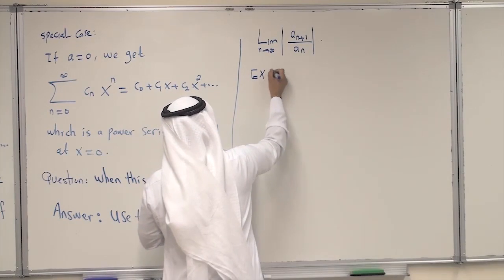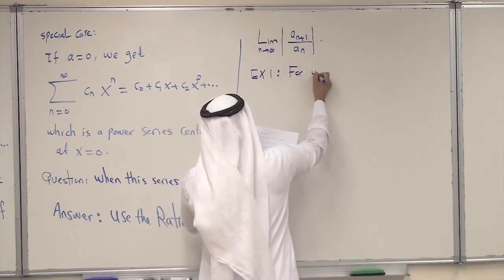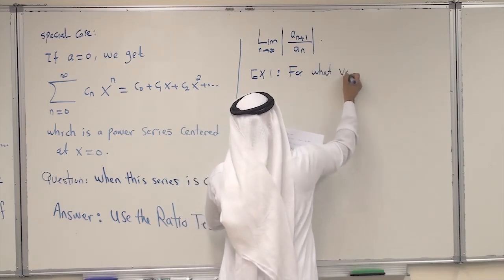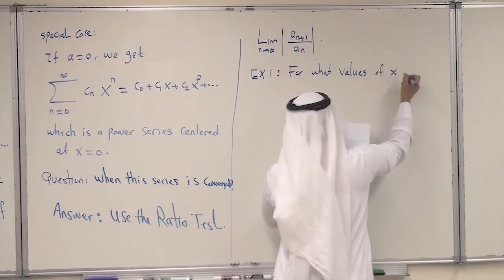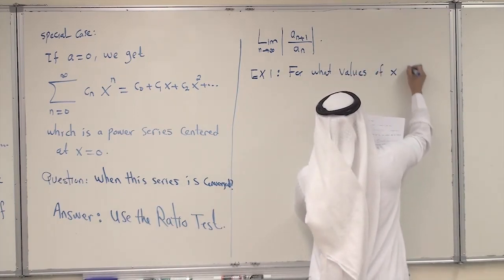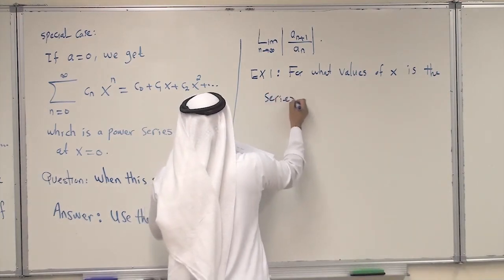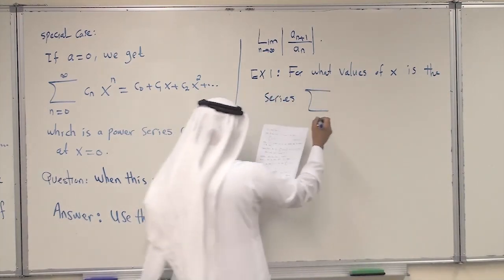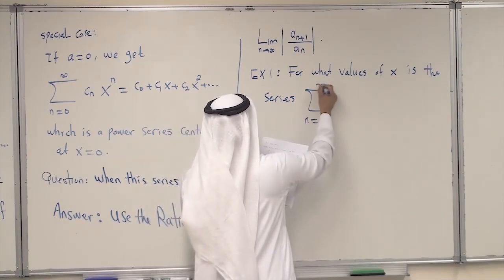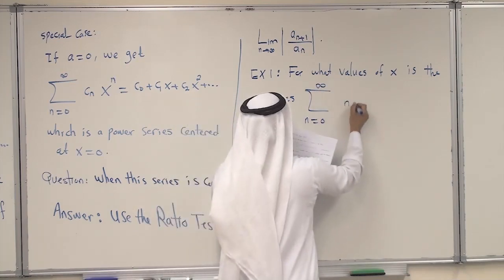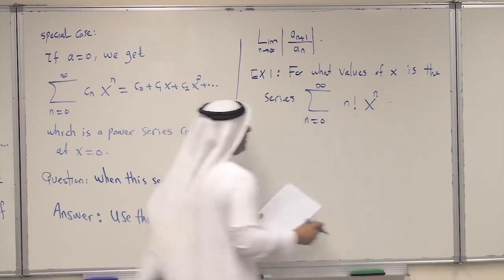Example number 1, for instance, says: for what values of x is the series given by the sum from n equal to 0 up to infinity of n factorial times x to the power n convergent?